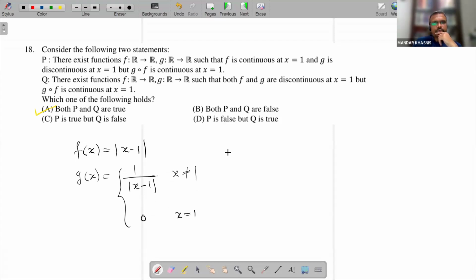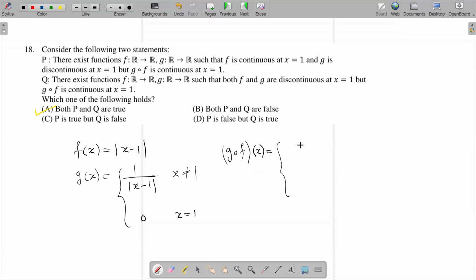Fine. Now, so g is not continuous at 1, correct? Now, when you go for g composite f, what happens to it? Not g into f, g compose f. So, when you compose, what is going to happen?